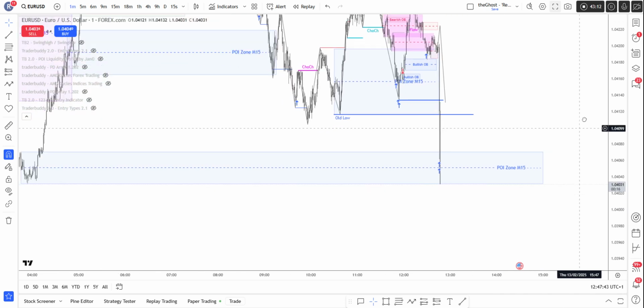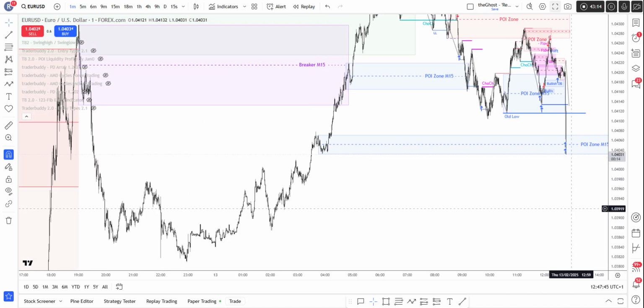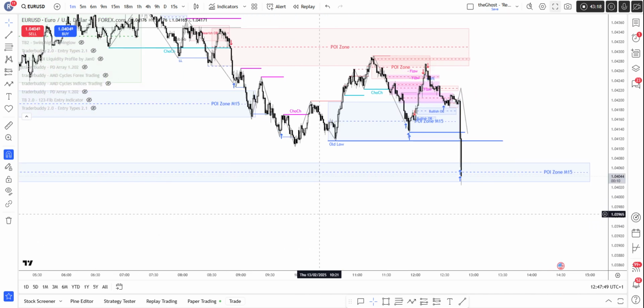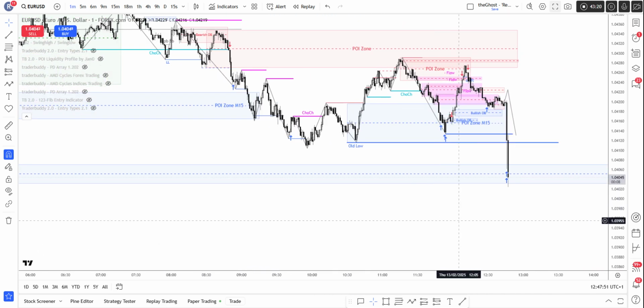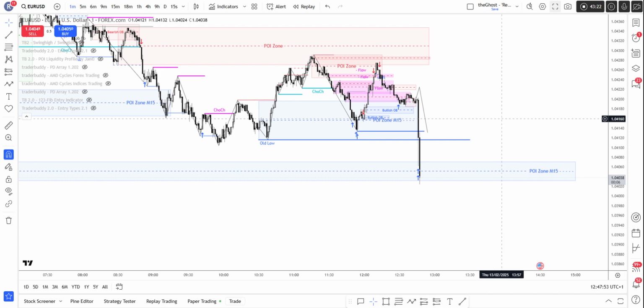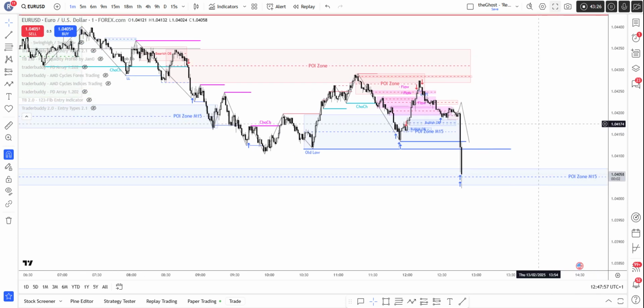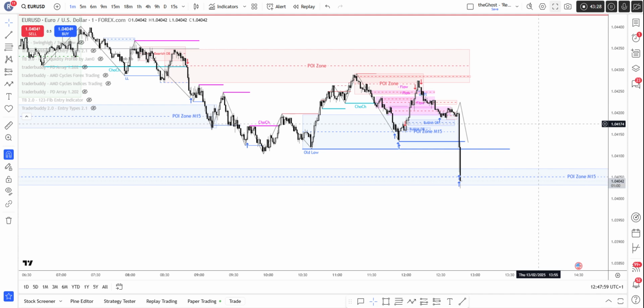my ultimate target, and I don't care if they go further, because this was my setup, and you always should have a setup in the sense of that you know where to get out.